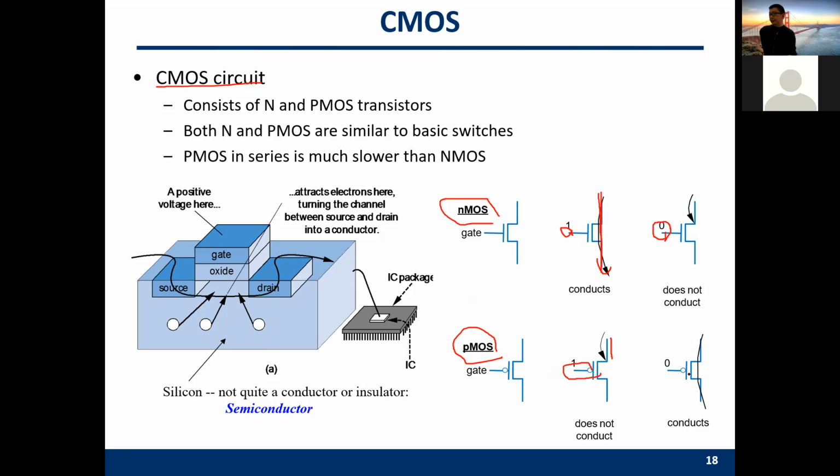If you apply a 0 here, the signal can go through this gate. So this is the real gate. You can think about the fact that we may have, let's say, billions of these gates in a single chip.